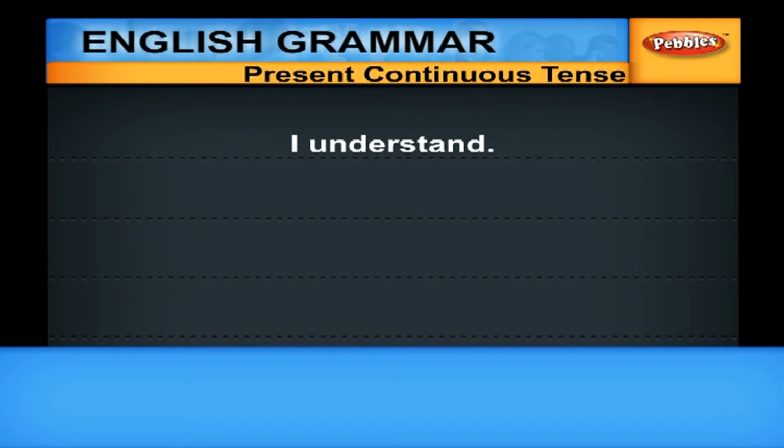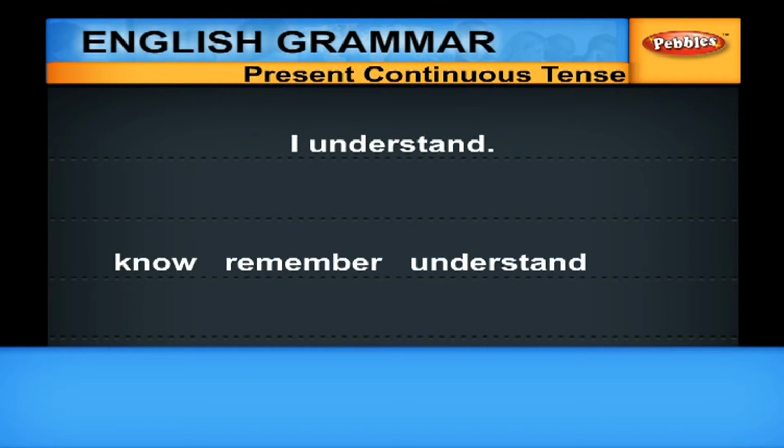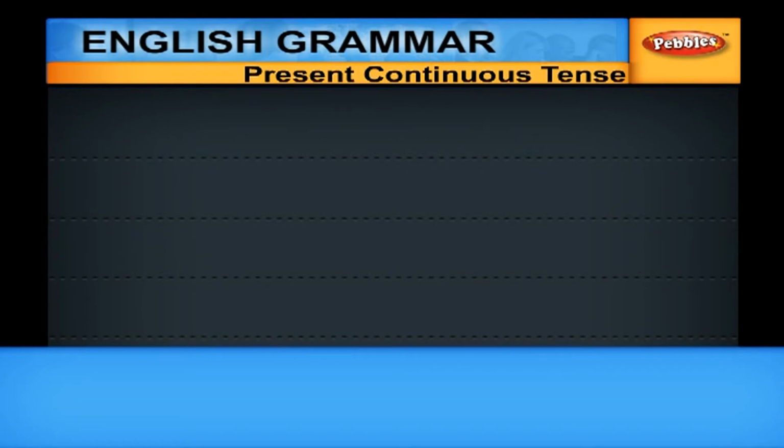Some of the verbs like know, remember, understand, etc. will not take the ing form. Probably, you may be referring to a continuous action, but still these verbs don't have the ing form. Some more examples where the verbs do not take the ing form. It is incorrect to say, I'm smelling gas.